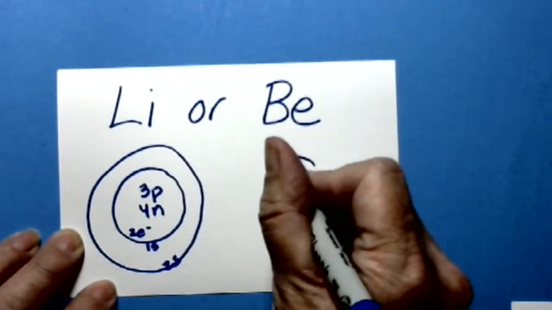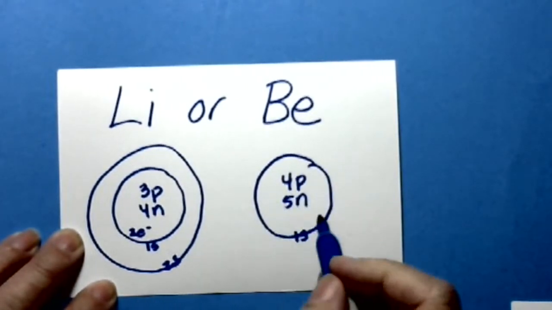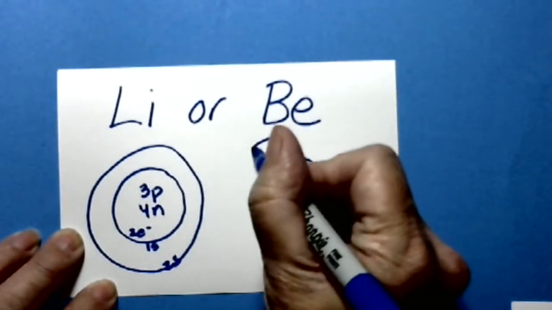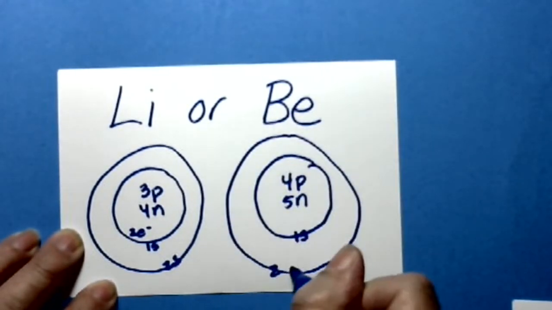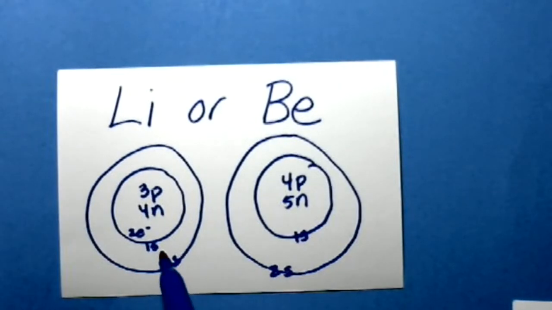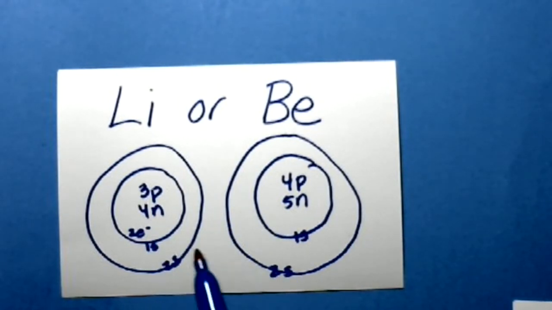So this has the 1s orbital here, 2 electrons in here, and it also has 2 electrons in the 2s orbital here. So I didn't draw these very well, but you might think, well, maybe these are the same size. Oh, no, you're not going to fool me again, Miss Backus. They both have the 2s orbital, okay?